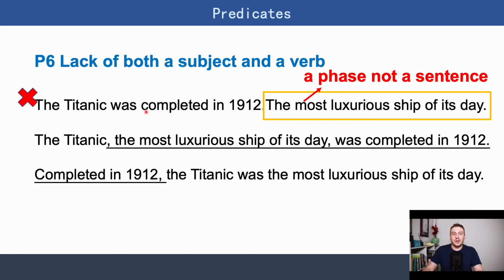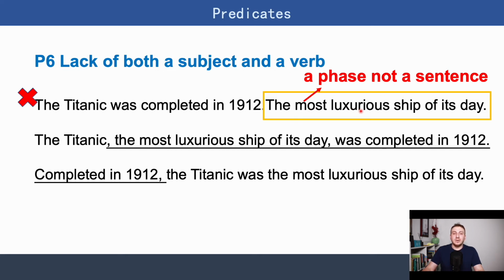It's a complete sentence. We have the subject, we have the verbs, it's perfect. The second sentence reads, the most luxurious ship of its day. Now, this is a phrase. We don't really have a subject and we don't really have a verb, right?